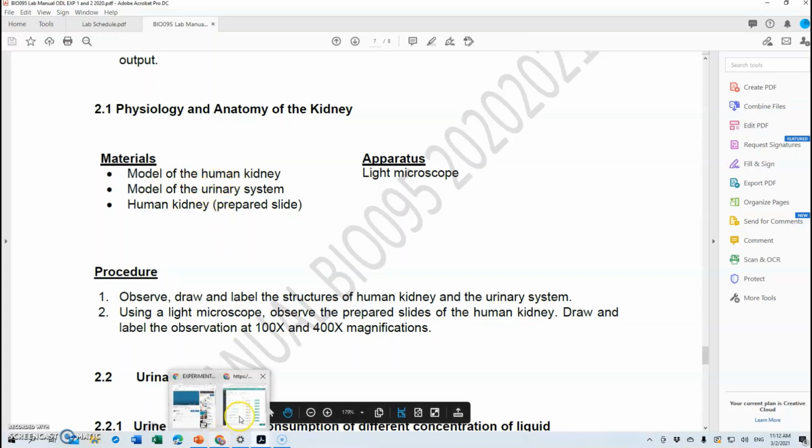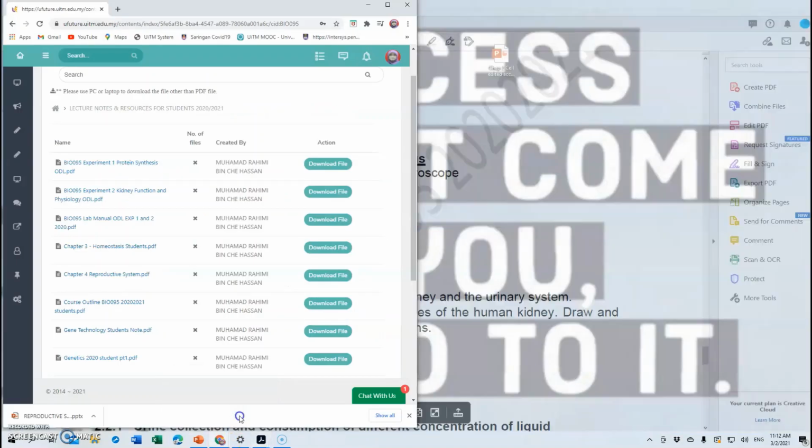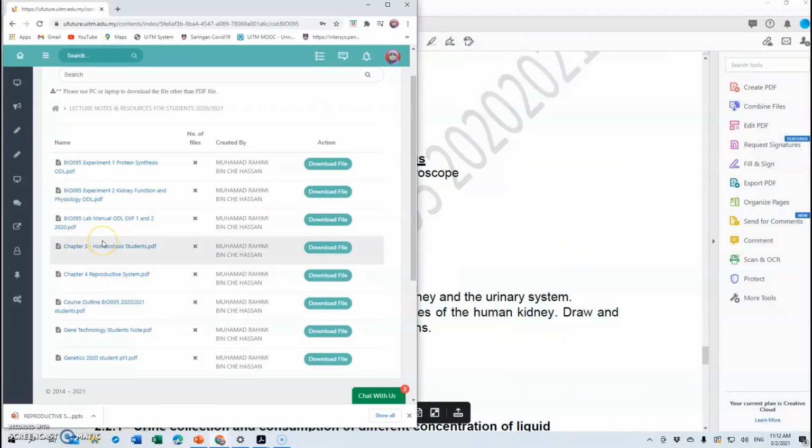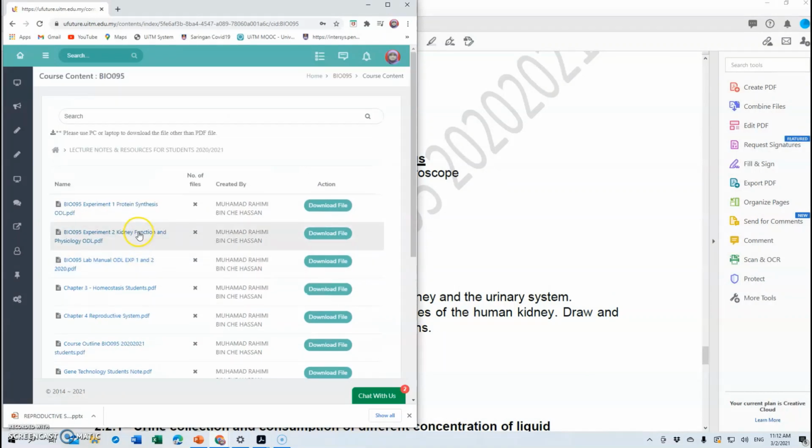Basically, what you have to do is make sure you download the lab manual, the soft copy of the lab manual, in UFuture. So you have to enter into your UFuture account, and then go to the folder prepared by Sir Rahimi.